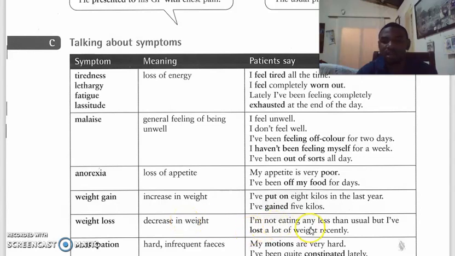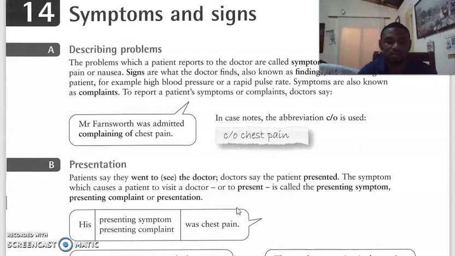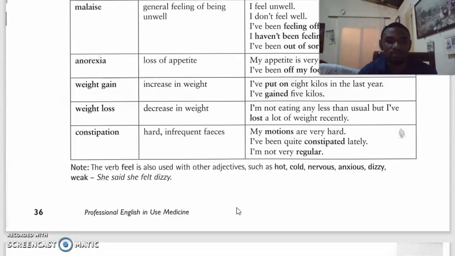I'm not eating any less than usual, but I've lost a lot of weight recently. Constipation, hard, infrequent faeces. My motions are very hard. I've been quite constipated lately and not very regular.